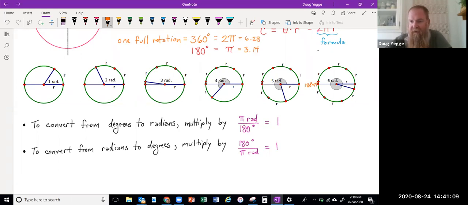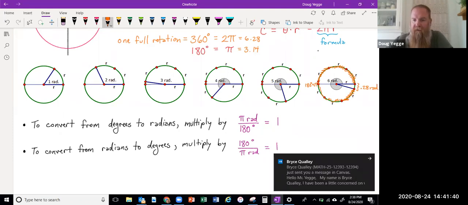And so it should make sense that if we've traveled through 1 radius, 2 radii, 3 radii, and we're still not to halfway, we just have to travel a little bit further in order to get to 3.14 radians. We continue to travel around to 4 radians, 5 radians, 6 radians, and now we just have a little bit extra, which turns out to be approximately 0.28 radians to account for the 2 pi radian total.